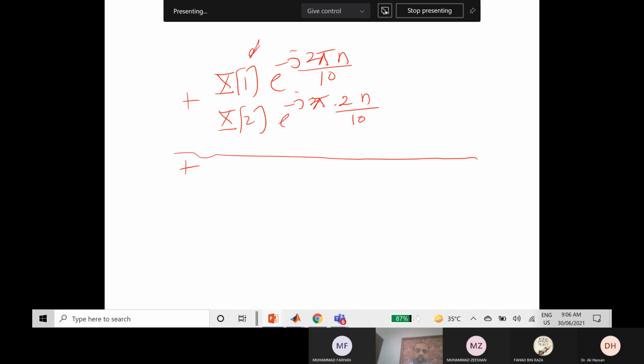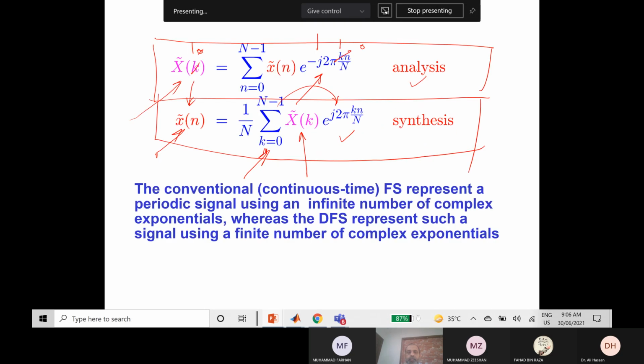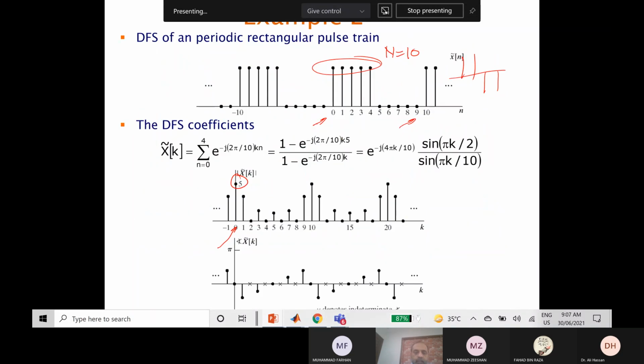The important thing is finding these. As you can see from this formula, it is very simple: I put the value of k, solve the summation, and I get a Fourier series coefficient. Because it is going to be a complex coefficient, you get a magnitude and a phase, a magnitude and a phase, a magnitude and a phase. And you can also get a mathematical expression.